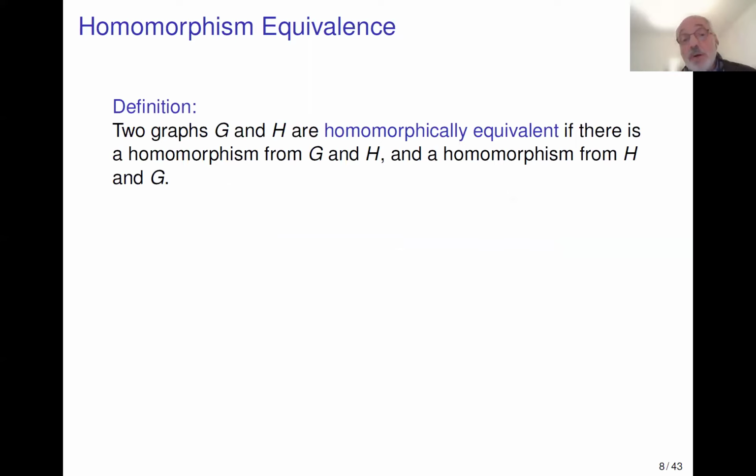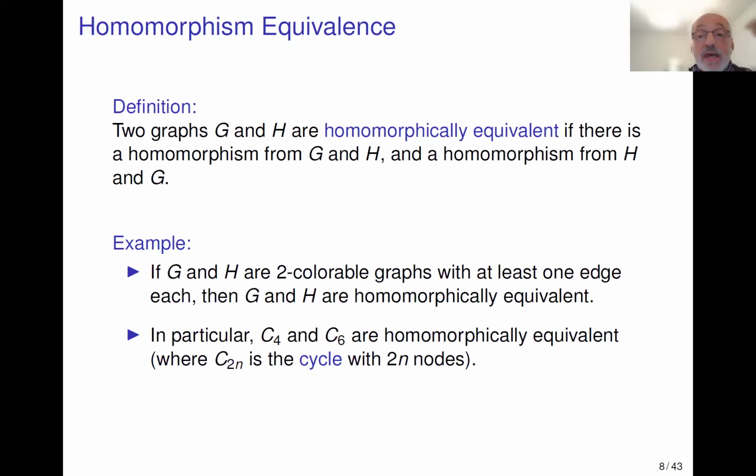And now we have another notion that will play an important role in our discussion, and this is the notion of homomorphic equivalence. Two graphs are homomorphically equivalent if there is a homomorphism from G to H and a homomorphism from H to G. So we have homomorphisms going both ways.